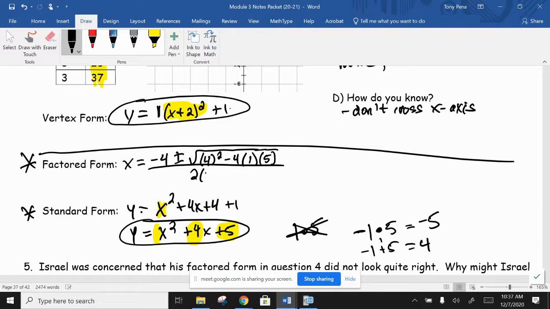All divided by 2 times a, which is a 1. So we get the negative 4 leading everything out in front. Underneath the radical now, we're going to get a 16 minus 20. And then all of that goes over a 2.